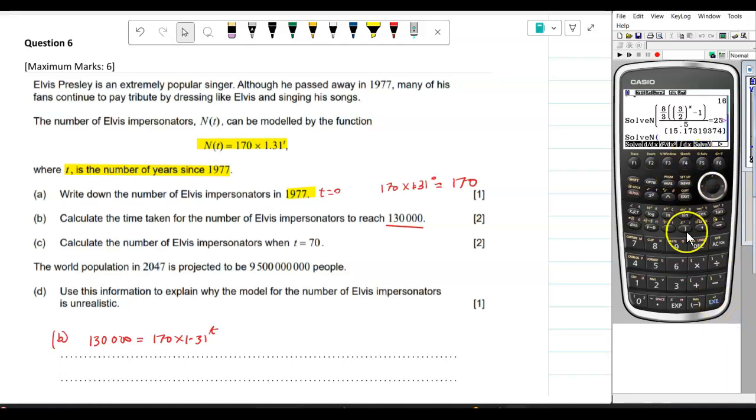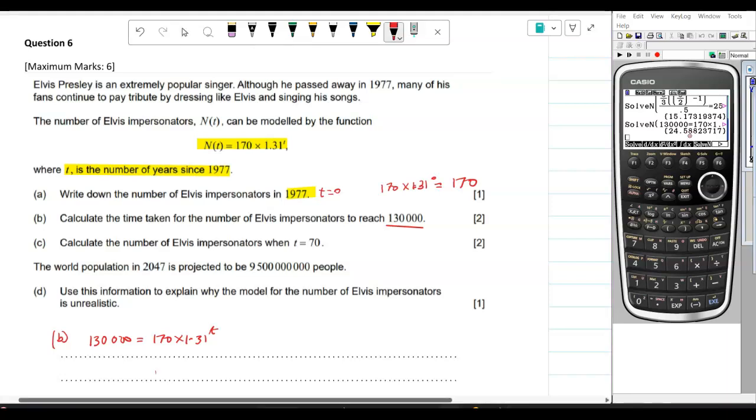You solve for t using the exponent. 170 into 1.31 raised to t. So how much is it? 24.58. So 24.6 years.